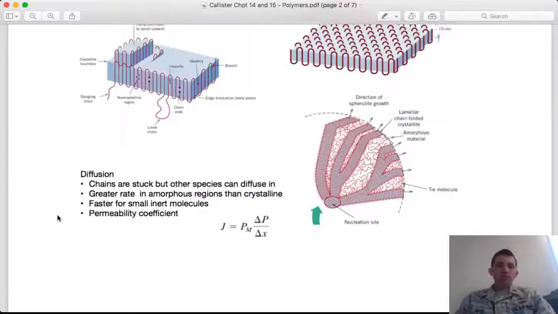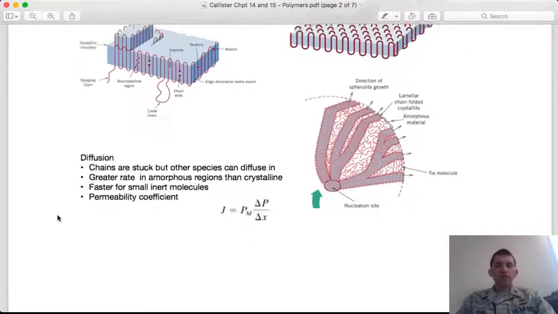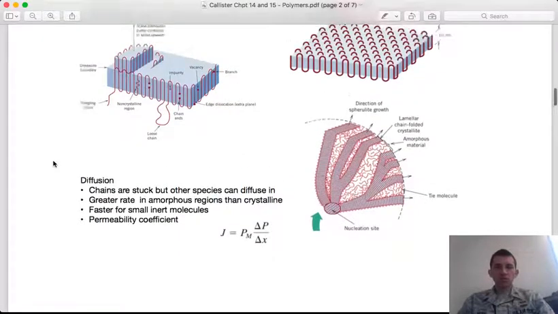And as has been a common theme here, we have a lot of the same phenomena in polymers that we do with metals. It's just with a twist because of their particular chemistry. Diffusion is no different here. We have diffusion in polymer systems, but generally you don't think about their elements diffusing.